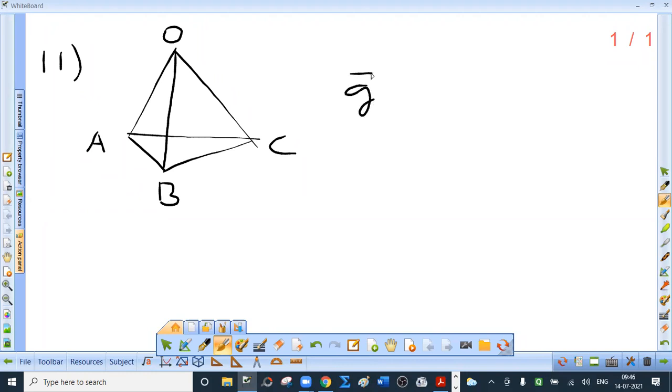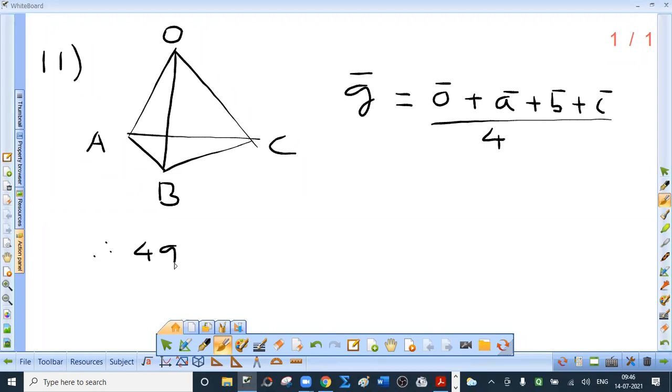By formula of centroid of a tetrahedron, what is G bar? O bar, which is position vector of O, plus A bar plus B bar plus C bar upon 4. So 4G bar is A bar plus B bar plus C bar.